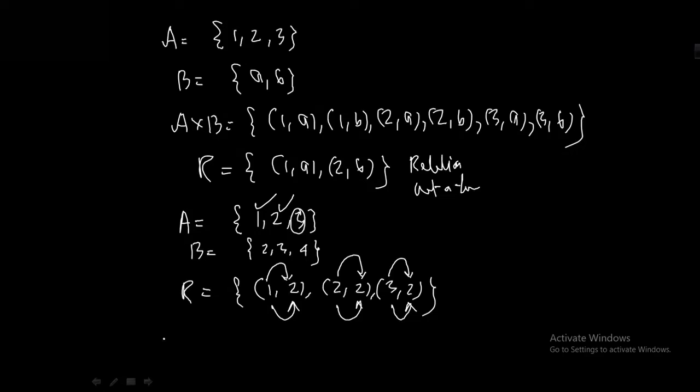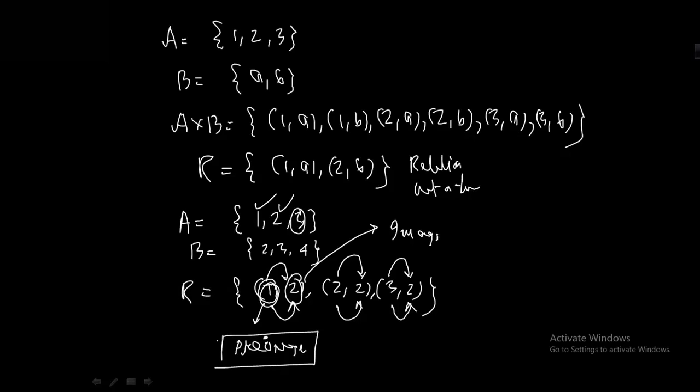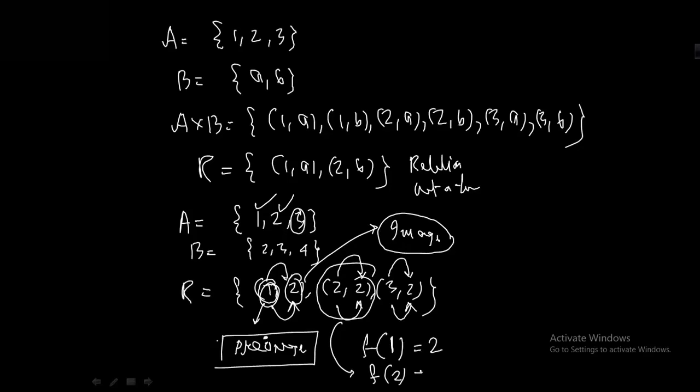And we write like this. This is the pre-image, the first element, that means the value of x coordinate, or the value of x. This is called the pre-image and this element is called the image. We write like this: the image of 1 under the function f is 2. For this element we write the image of the element 2 is 2. For this element we write the image of the element 3 is 2.